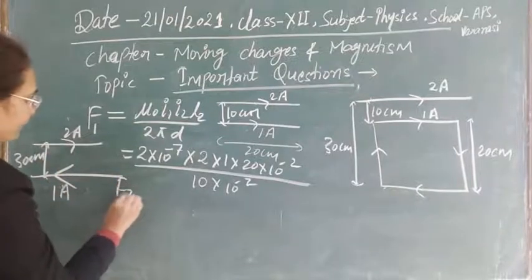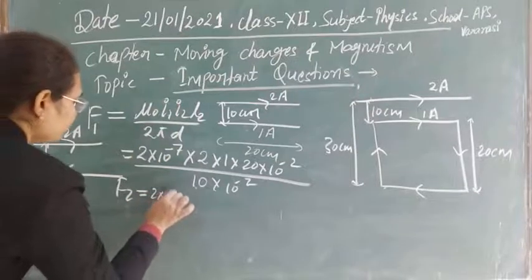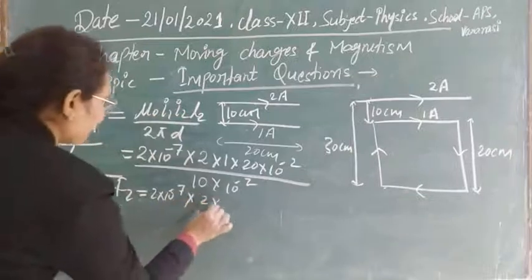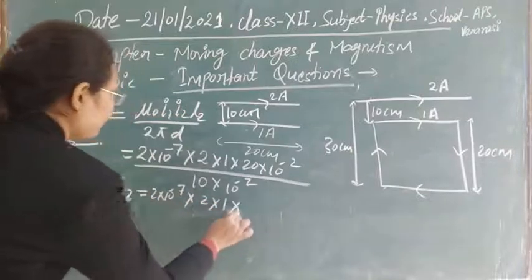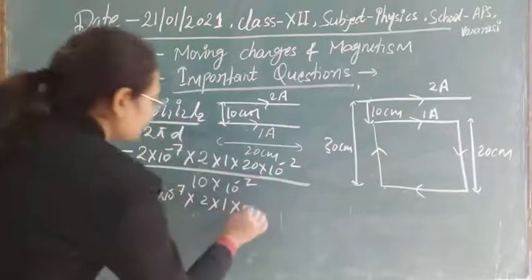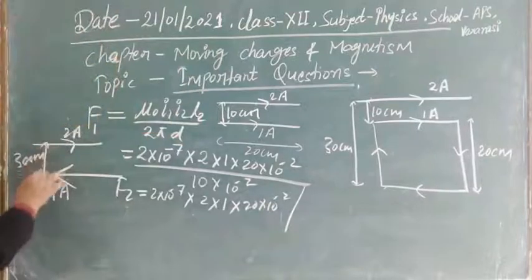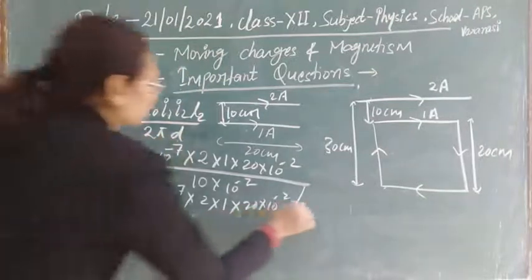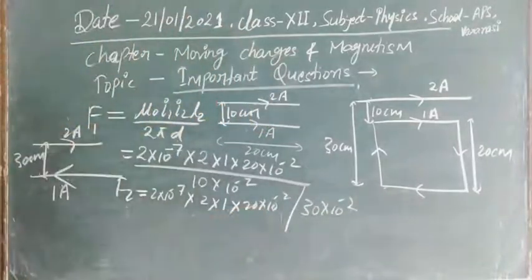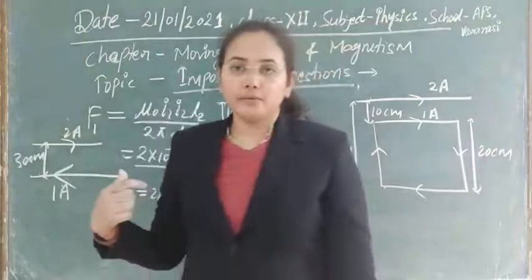So force F2 will be 2 into 10 to the power minus 7 into I1, which is 2, I2 which is 1, and the length L2 again the same, 20 into 10 to the power minus 2, divided by the distance D, which is 30 into 10 to the power minus 2. Just solve it, and after the solution you get F1 and F2.